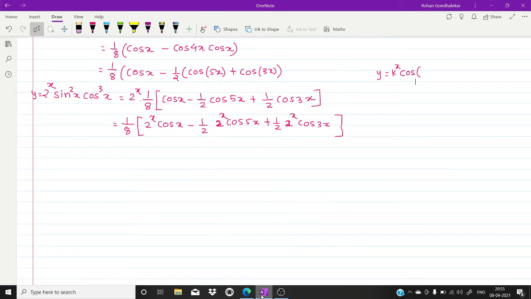Yeah, k raised to x into cos bx plus c. Then what is yn? It is the nth order derivative.